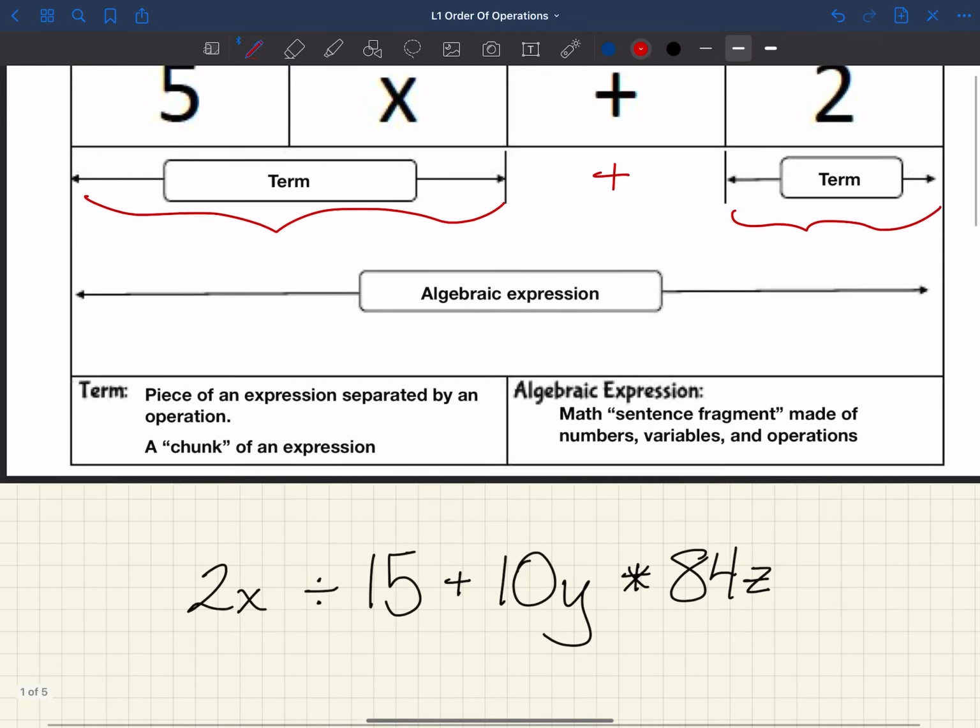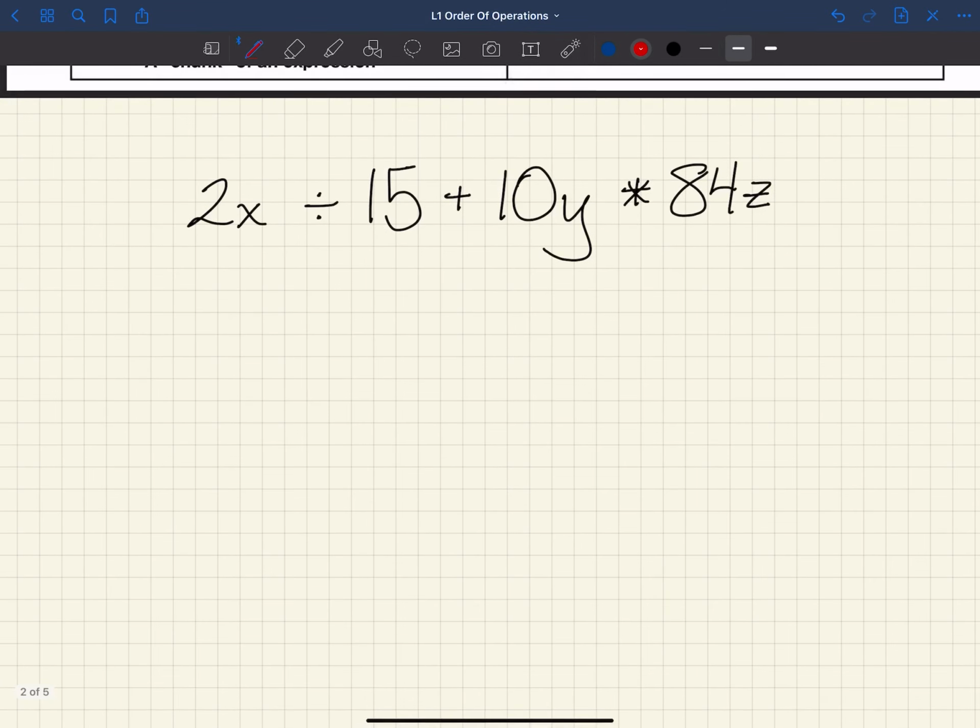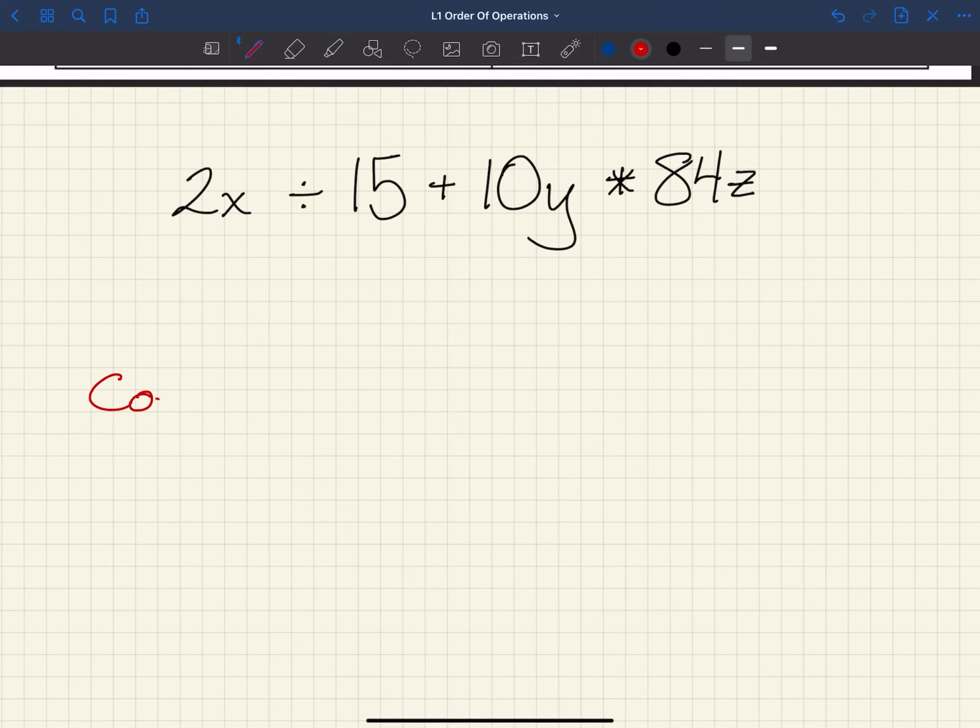So let's just jump right in. I've got this expression here, and just to quickly go back through and identify what the different parts are, if you want to pause for a second and think about which ones of these are coefficients. All right, hopefully you paused and took a look.